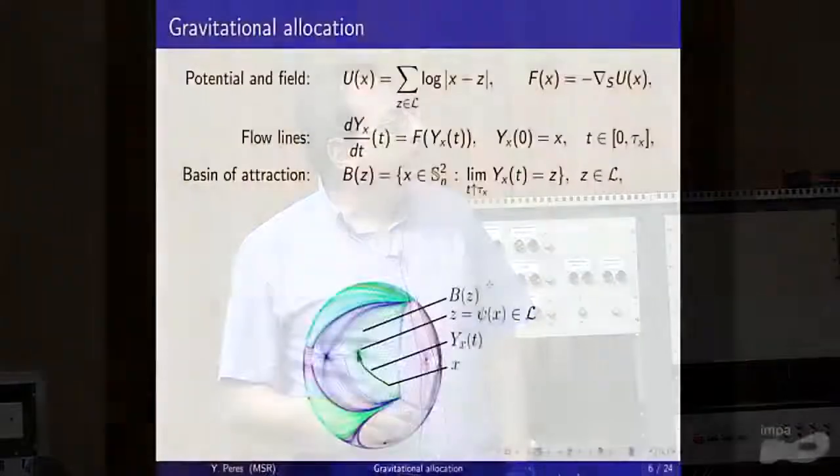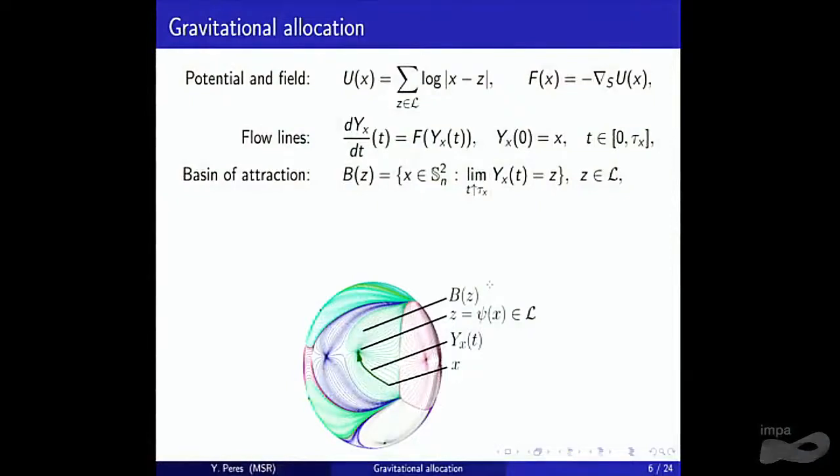So, okay, every star has a basin of attraction, the points that converge to it. And here is the first fact, which is, I think, shocking the first time you see it: the areas of all the basins are the same.